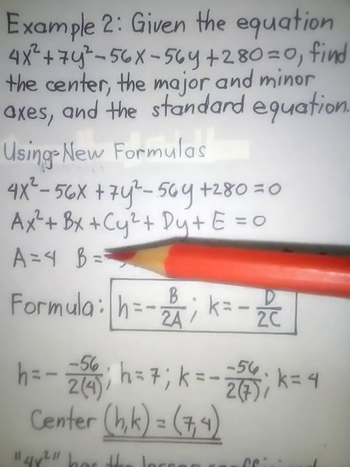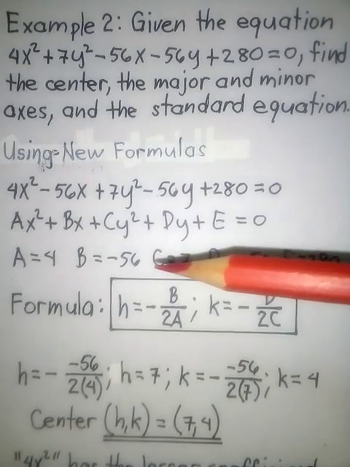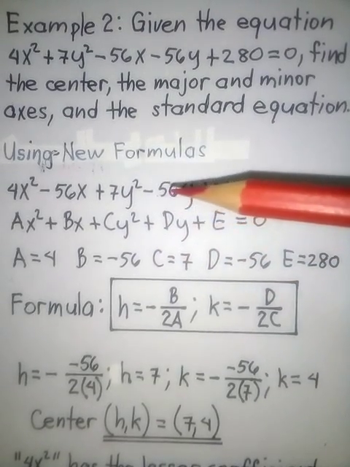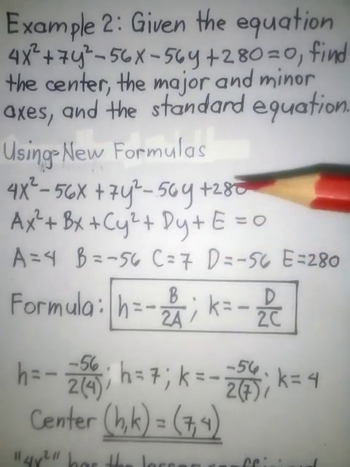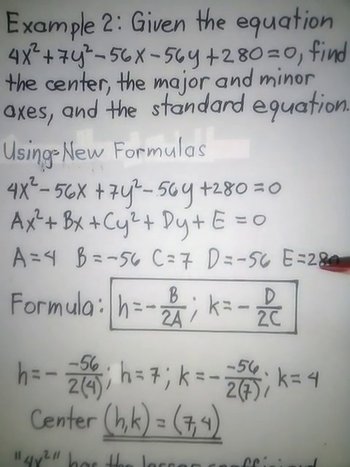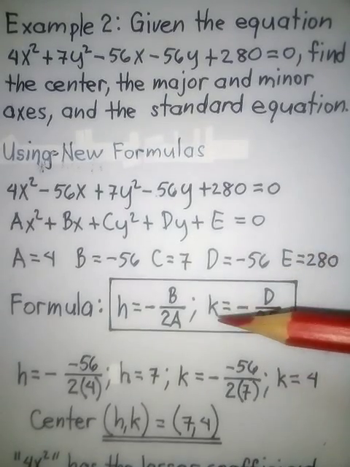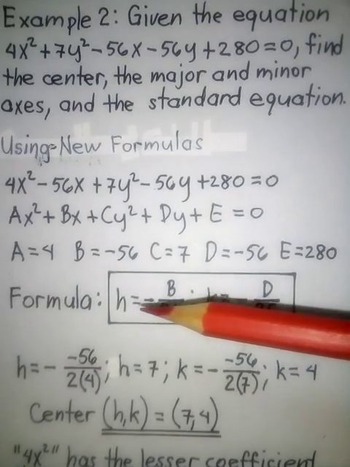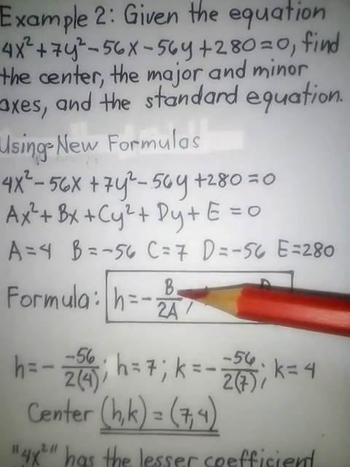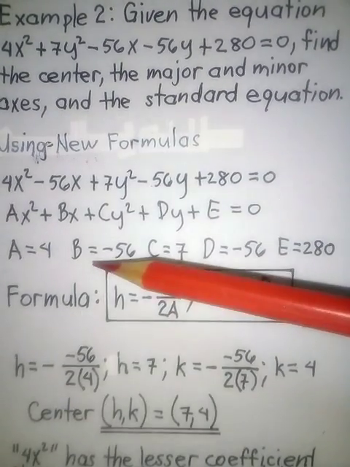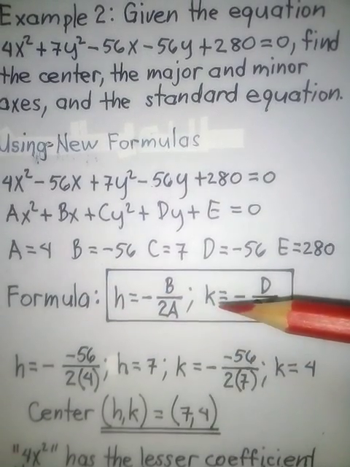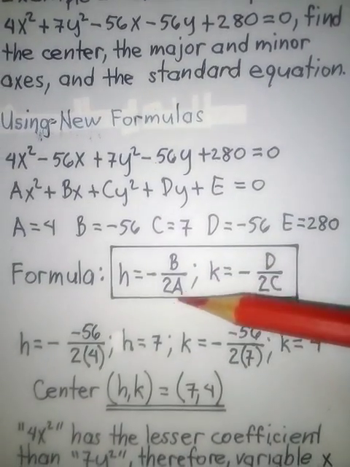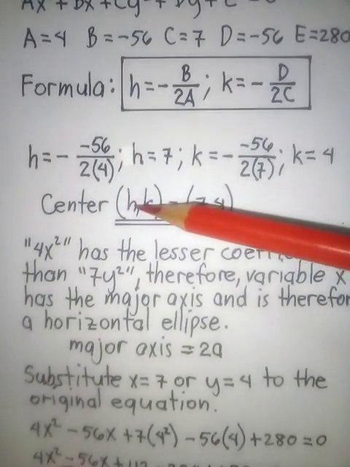The formula that we are going to use for the center hk is: h is equal to negative b over 2a, and k is equal to negative d over 2c. For the value of h, we will have negative, our value for b is negative 56, all over 2, our value for a is 4.